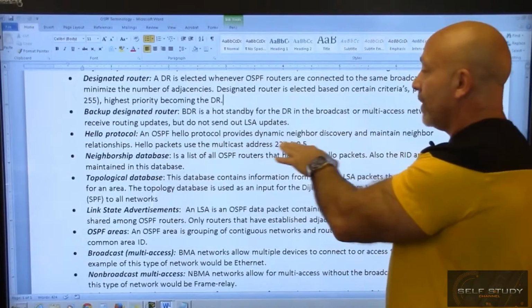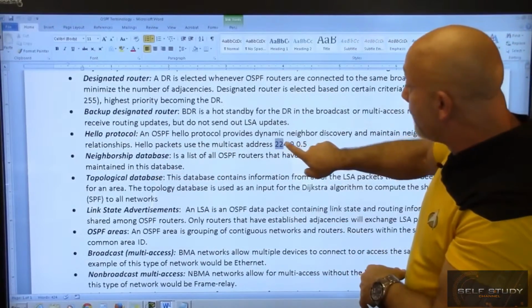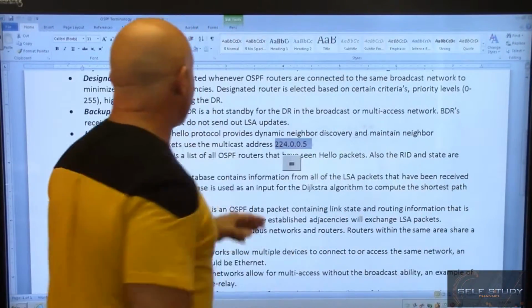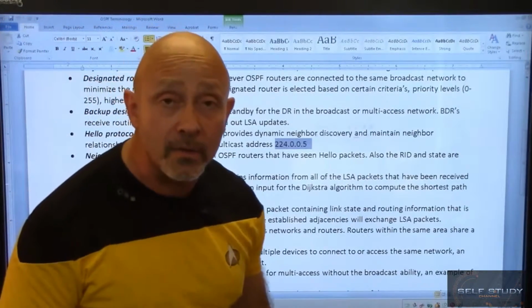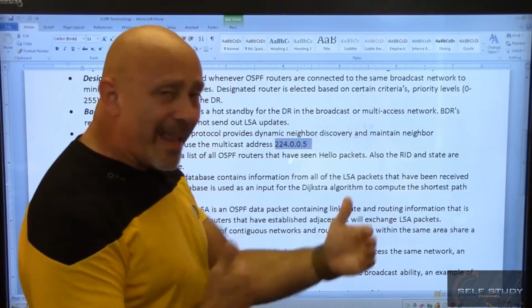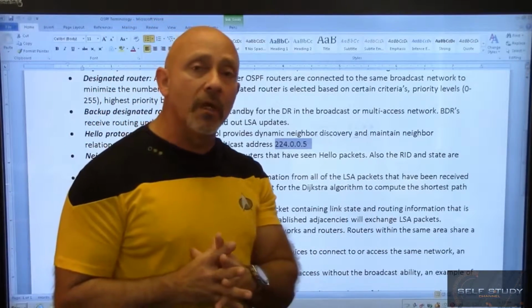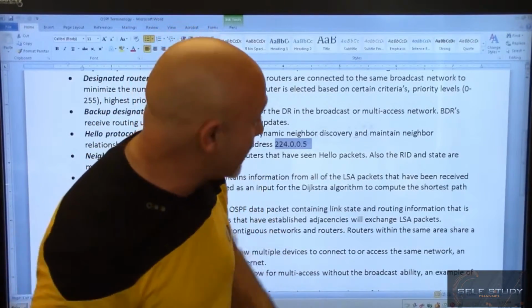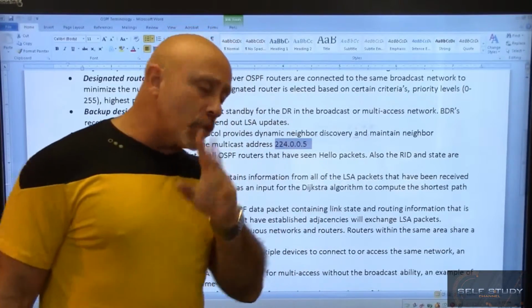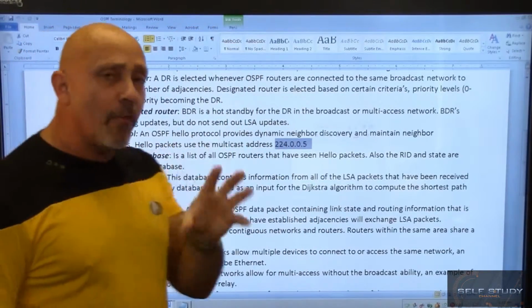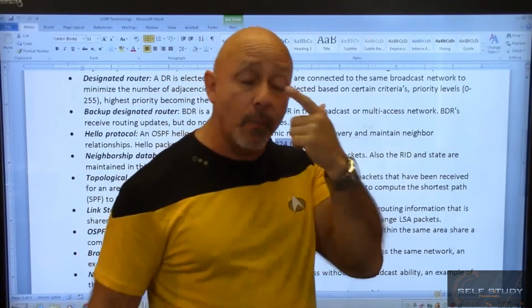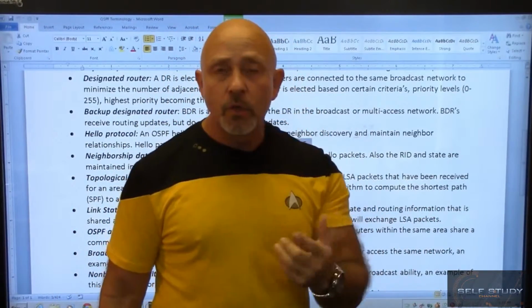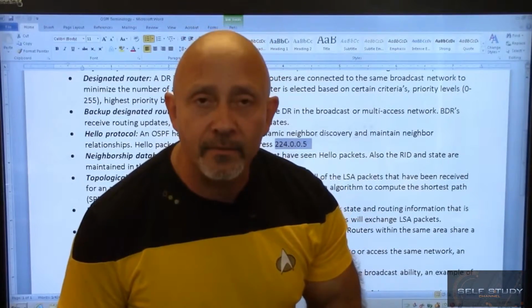Hello is multicast, and that's how it maintains the relationship between these routers and their neighbors, because remember, it's the neighbors that talk to each other, and it does it based on multicast addresses. OSPF uses two addresses. If you're forming a full relationship with standard OSPF routers, such as on a point-to-point connection, you're going to use 224.0.0.5.